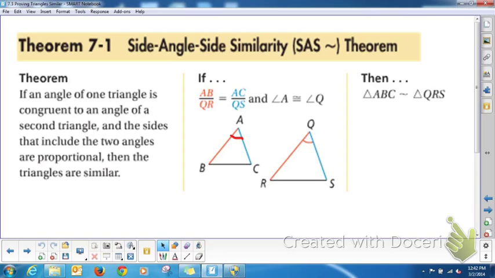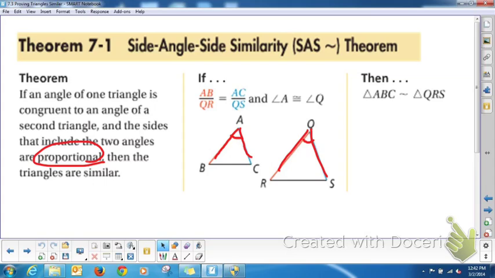So, if an angle of one triangle is congruent to an angle of a second triangle, angle A to angle Q, and the sides that include the two angles, so it's got to be the ones that make these angles, are proportional, not congruent, but when you set them up, their measures come out to be equivalent ratios. You can cross multiply and you'll get the same product. Then the two triangles are similar.